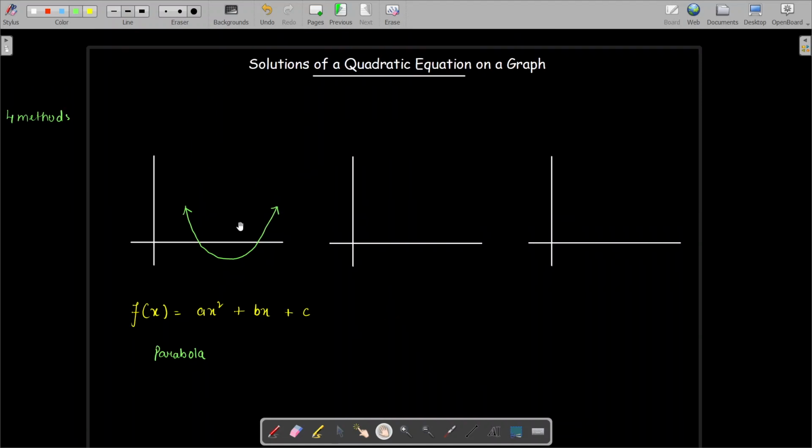Then the points at which this graph is intersecting the x-axis, this point and this point, these 2 points are called the solutions of the quadratic equation. The solutions are sometimes also called zeros of the quadratic function. So zeros of the quadratic function, or roots of the quadratic equation.